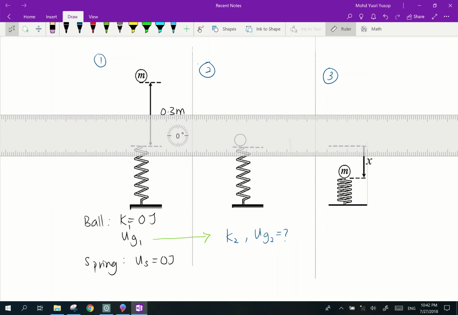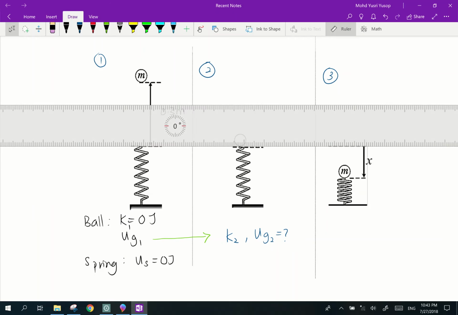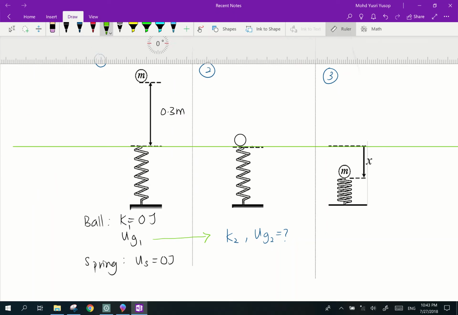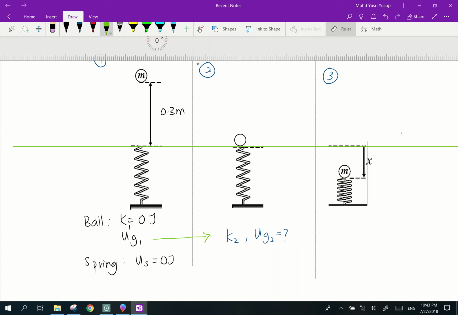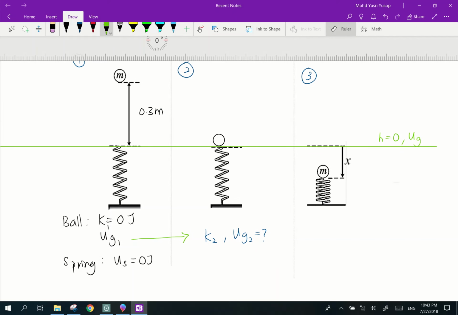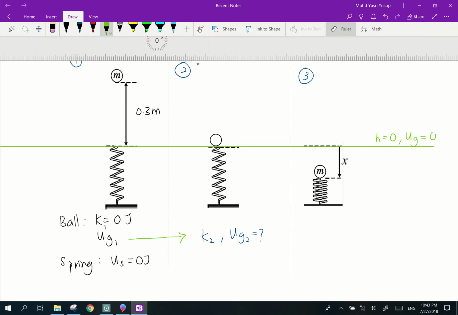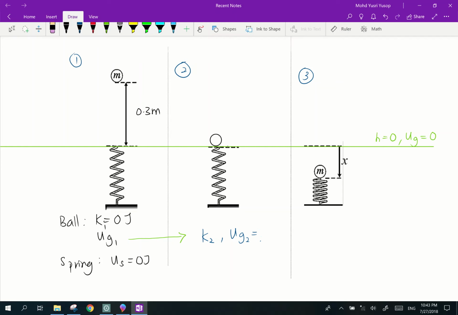For this question, I would like to define this point as height 0. In other words, if this point has height 0, that means gravitational potential energy along this green line is 0. So I can say from figure number 2, based on my definition of height 0, gravitational potential energy at point 2 is equal to 0. Due to the green line yang kita define.